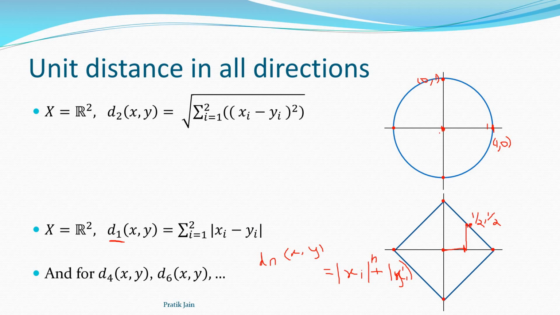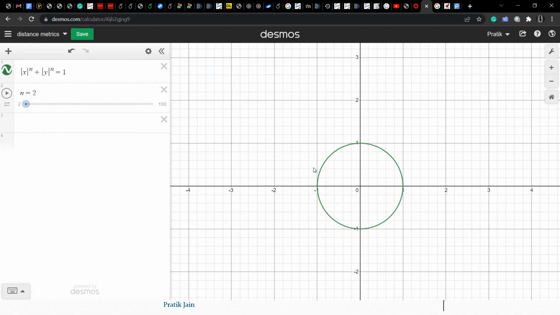So let me just quickly go to Desmos and show you what happens. So this is our formula, okay, for an n distance, dn distance, right? So we know that for 2 it is a circle, right? For 1 we have seen that it is a square like this. So what happens when we increase n?